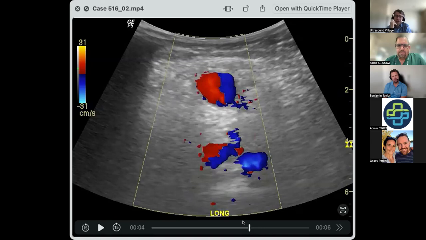Yeah, that's the definition: there's a defect in the wall. The difference between a true aneurysm and a pseudoaneurysm is whether or not it has a proper wall, and in a pseudoaneurysm it doesn't. A true aneurysm has a wall and an endothelial lining.